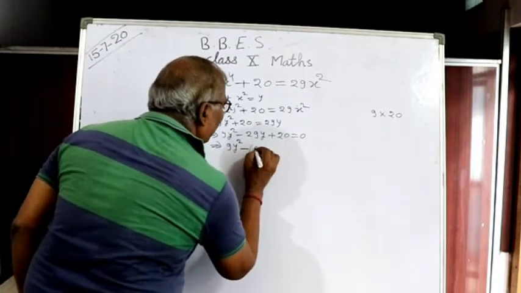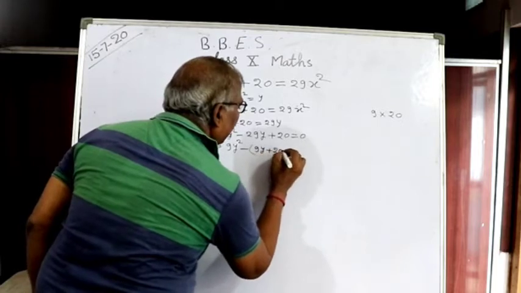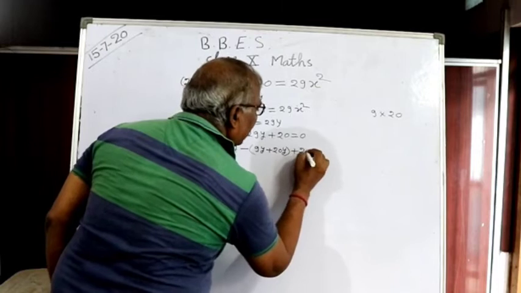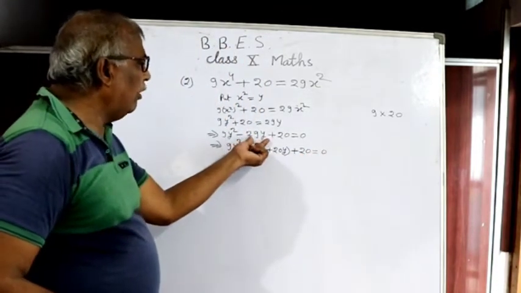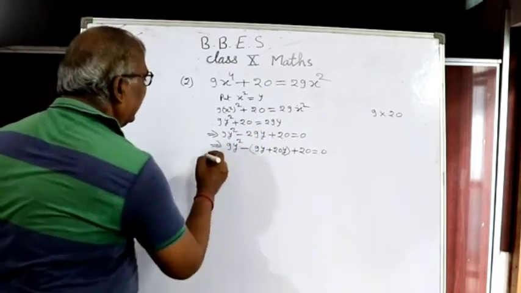So we will write down here 9y square minus 9y minus 20y plus 20 is equal to 0. We have split the middle term 29y as 9y plus 20y.